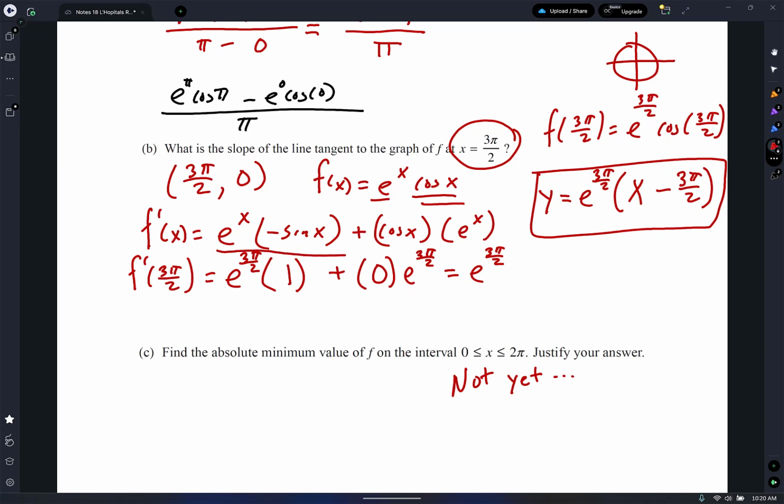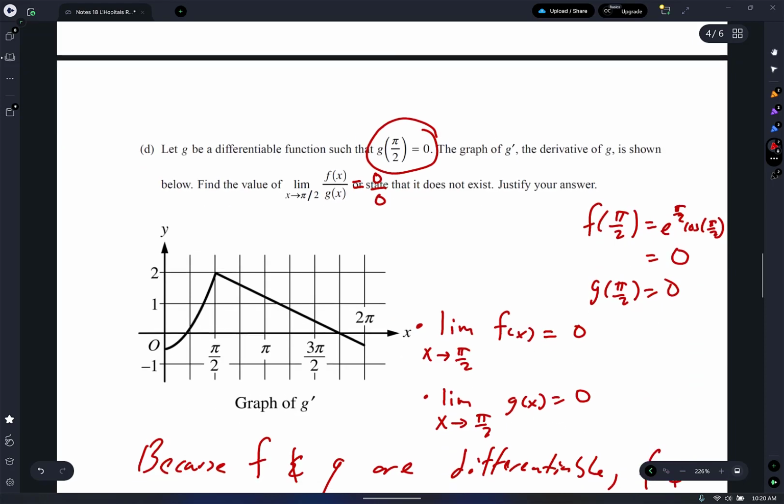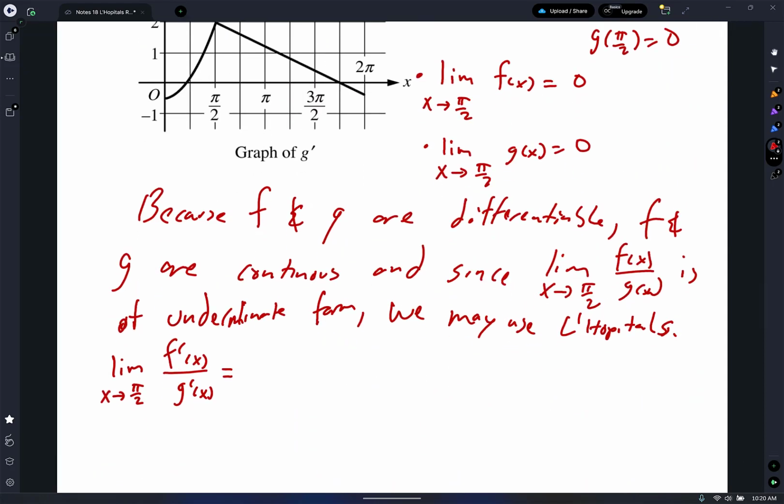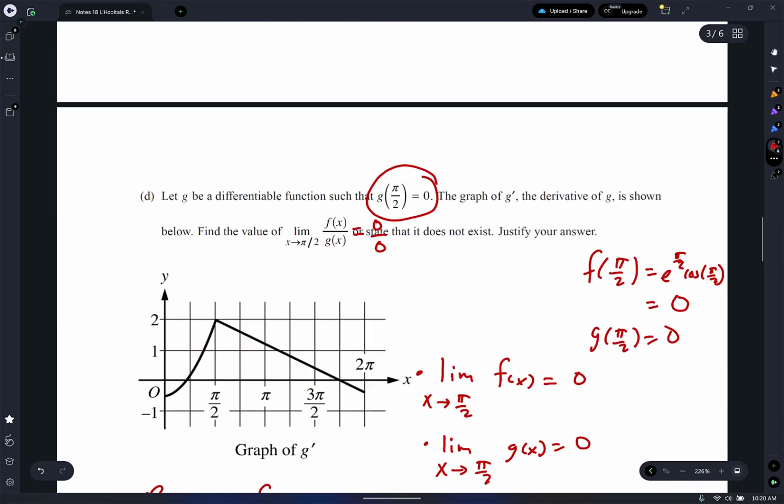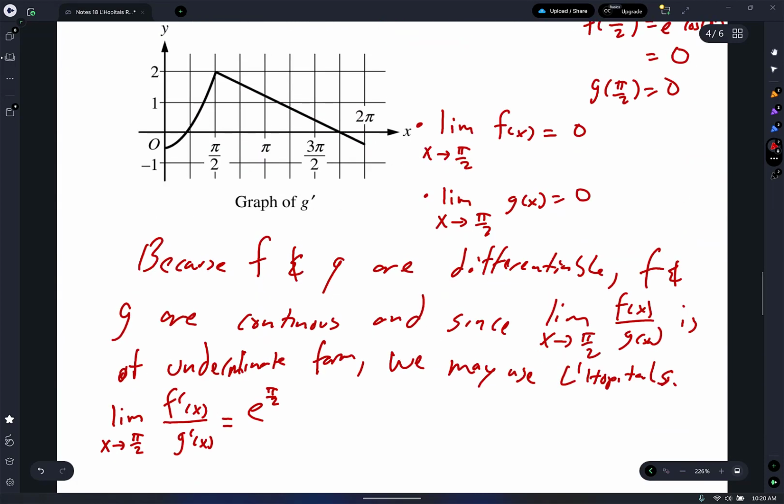I'm going to plug in pi over 2 into that, because I think we're going to get an answer. Or if you get 0 over 0 again, I'm doing it on the side. e to the pi over 2 cosine, did I get a cosine or was it sine? No, negative sine. Okay, so negative sine of pi over 2 is negative 1. So I'm just going to put negative 1.